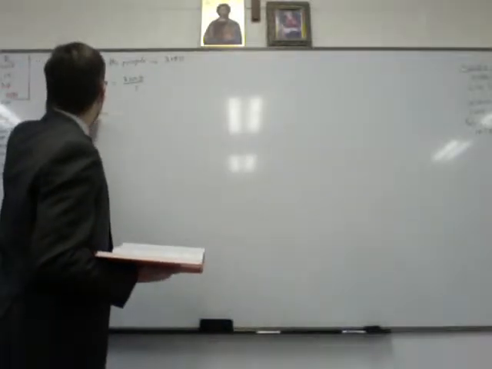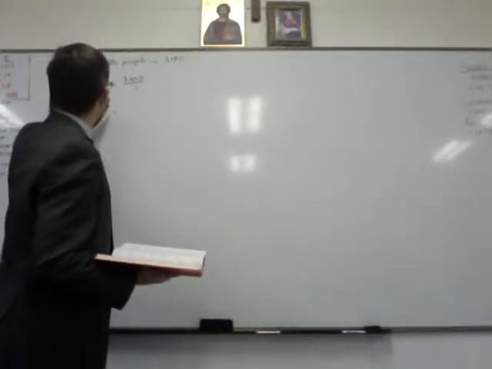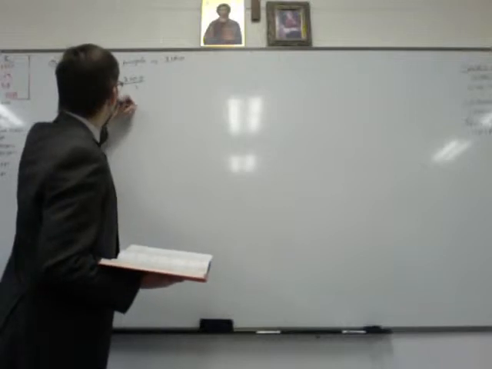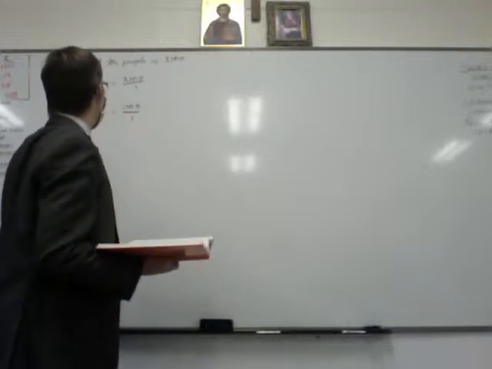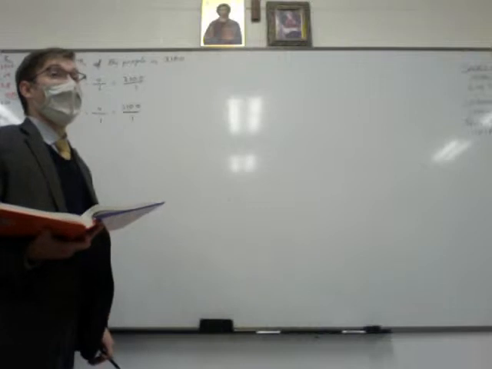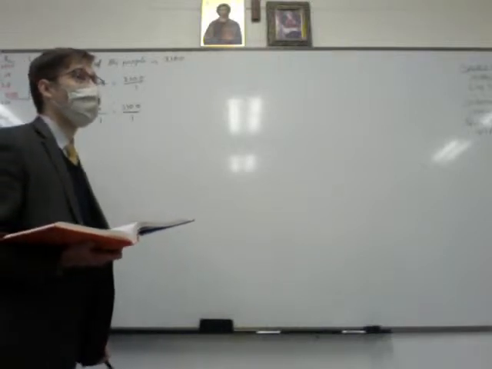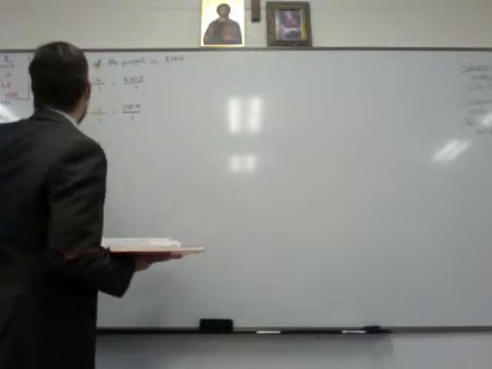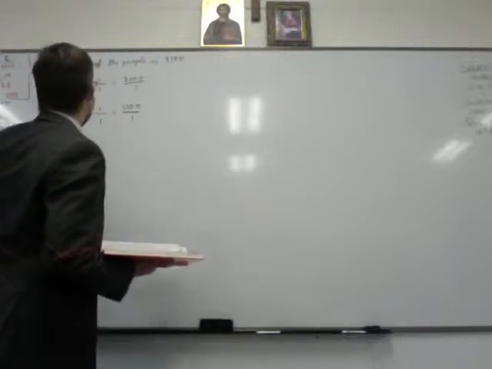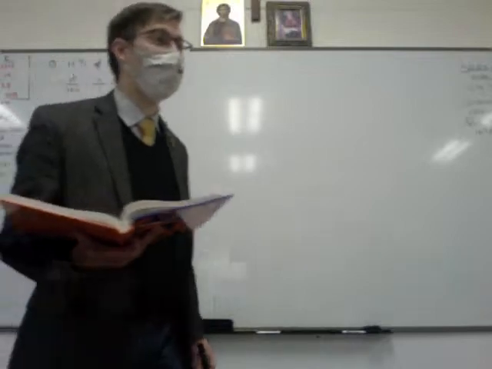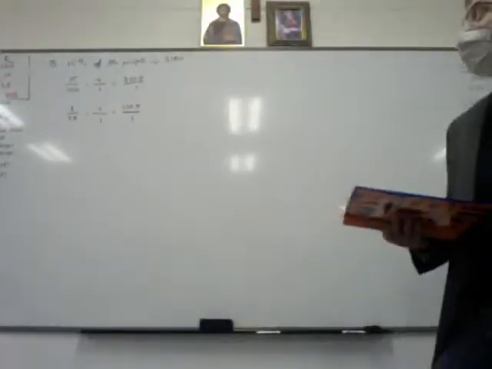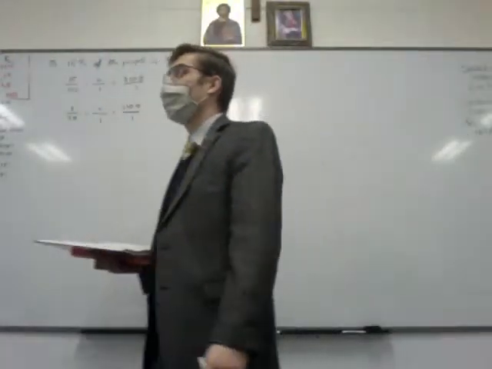What's 100 divided by 5? It's 20. So what will this simplify to? 3 over 20. You said 20 over 3, that's very different. Yes, 3 over 20. You should know 100 divided by 5 is 20.